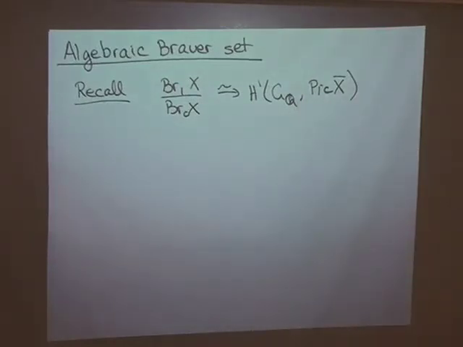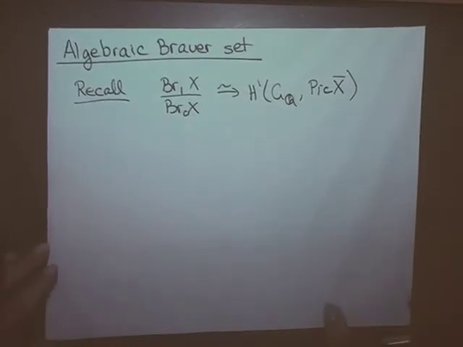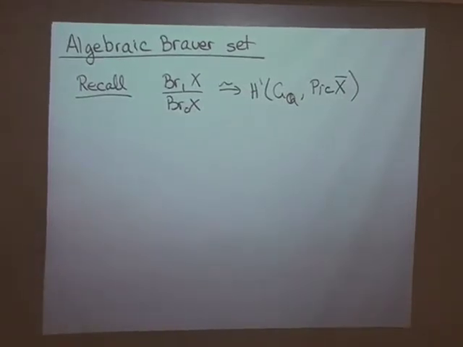So our first step to understanding the algebraic Brauer set is to understand Pic X-bar as a Galois module. So for Enriques surfaces, our life is slightly easier than it is for K3 surfaces because Pic X-bar is completely understood for Enriques surfaces.